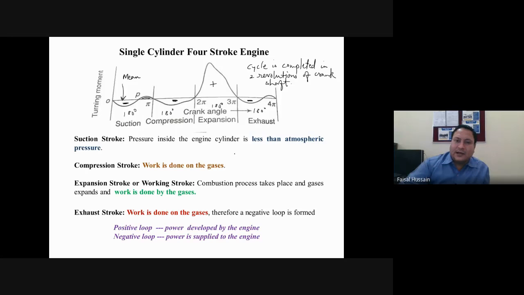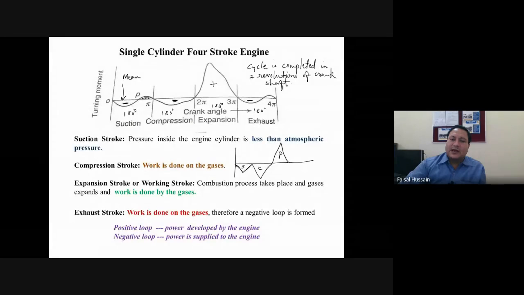But in numerical, what we do, we draw the, we assume total, just for the simplicity of writing equations. This is suction stroke, then this is compression stroke, then this is your power stroke, and then this is your exhaust stroke.